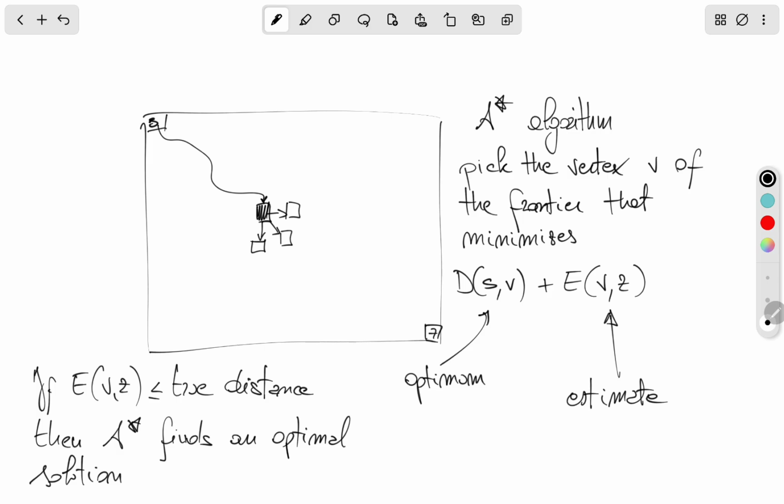That's smaller than or equal to the actual solution, and that's very easy to compute. And that is what is usually used in practice if you want to compute the shortest way to go from one place to another one. So we have an estimate that is very fast to compute. It is always smaller than or equal to the true distance, and it will allow me to trim a lot the search space.